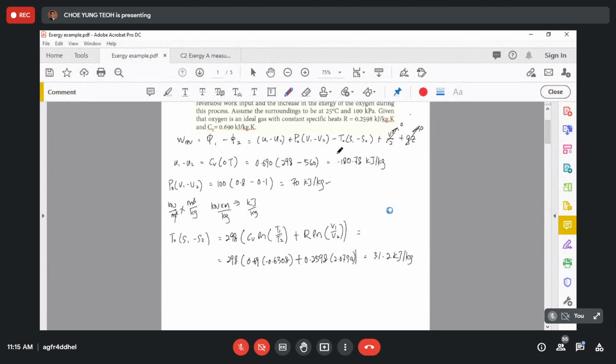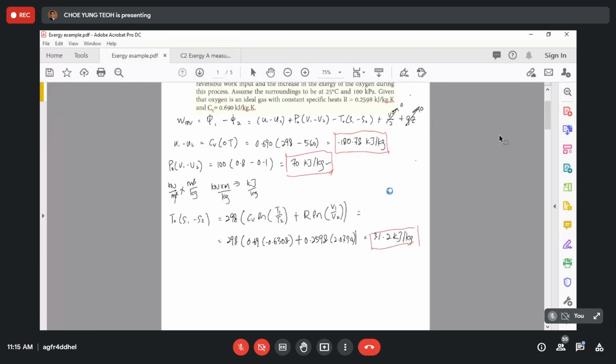So I have the change of internal energy, work done to the surrounding, and irreversibility.